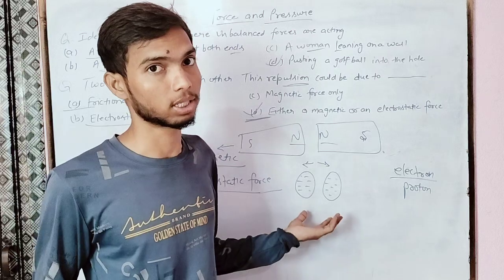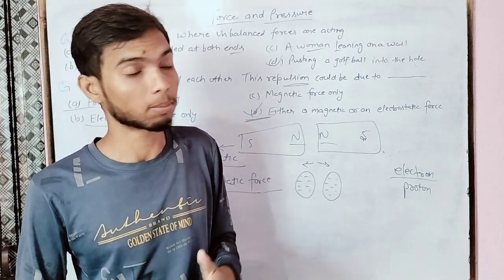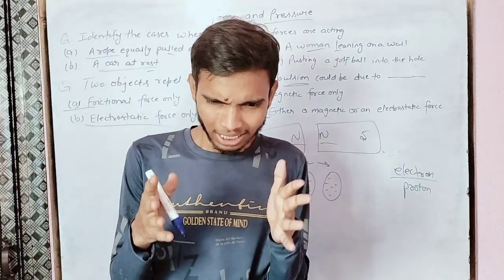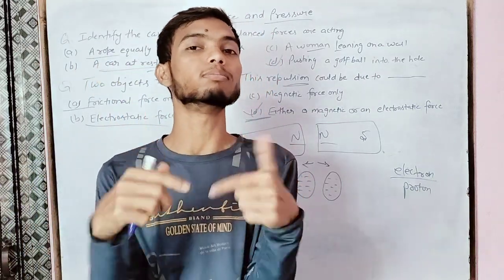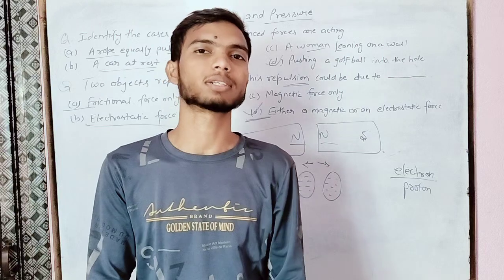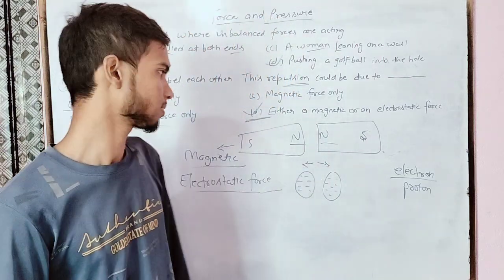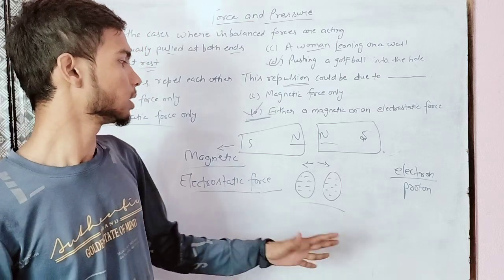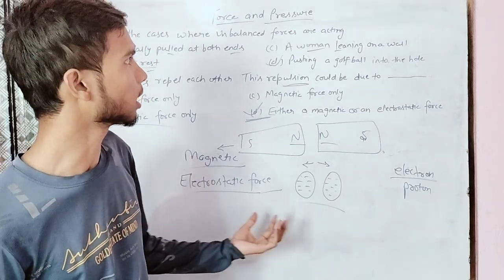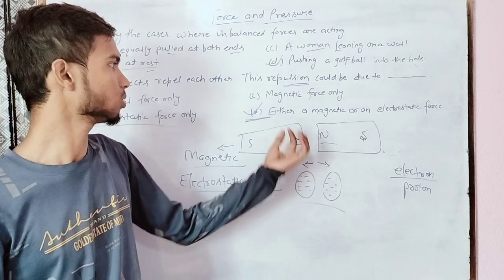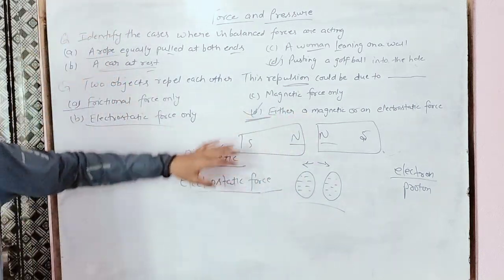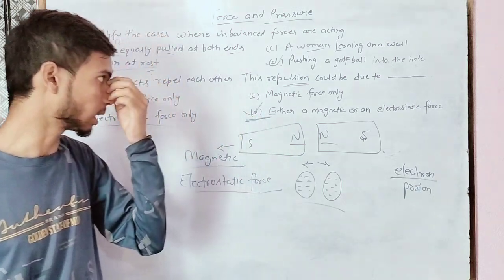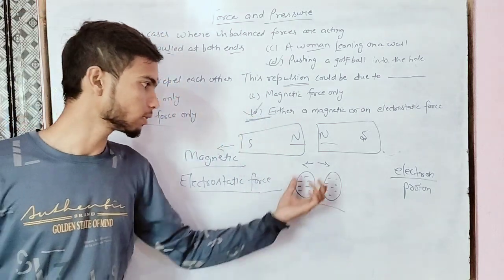But from this diagram, both have similar electron charges, so both will repel each other. So this is the reason we were saying that D is correct.